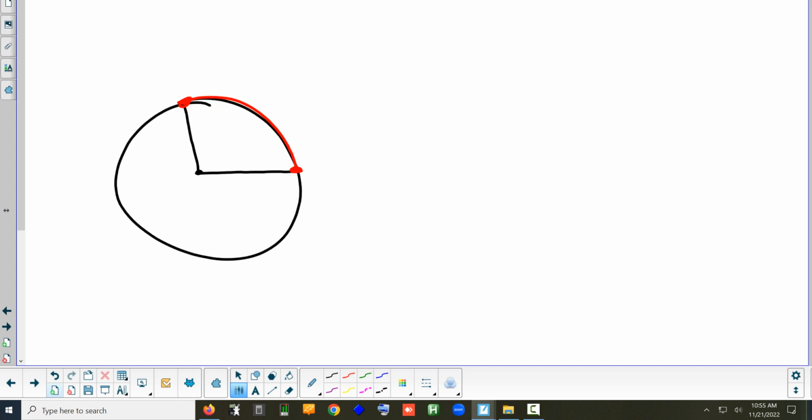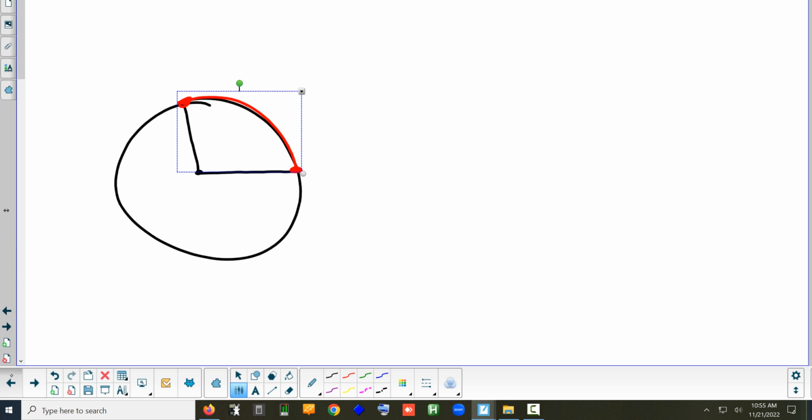Now, if you double the size of this angle, what do you think would happen to the size of this arc? Yeah, you would double the size of the arc. So for example, if you had a 90-degree angle, that's almost 90. But if you had exactly 90, that would give you a quarter of an arc, quarter of a circumference. If you made this angle 180, then it would give you half of the circle, half of the circumference.